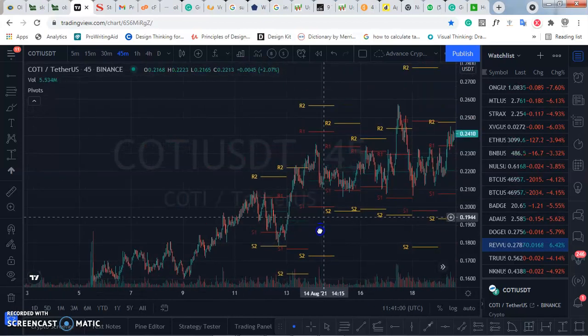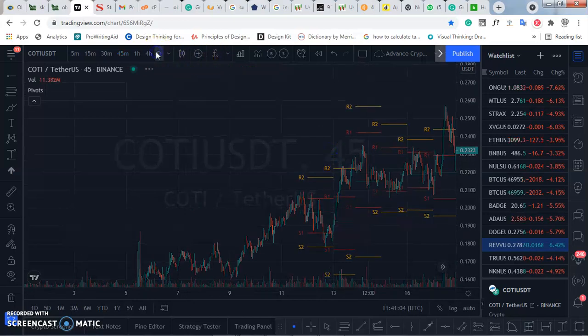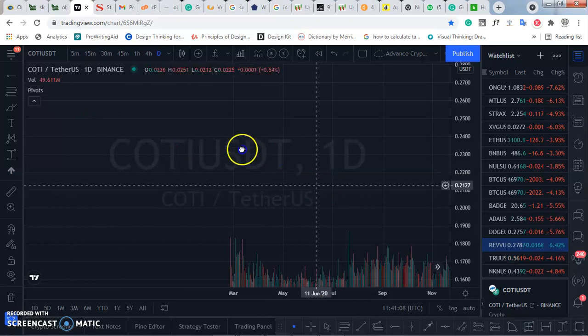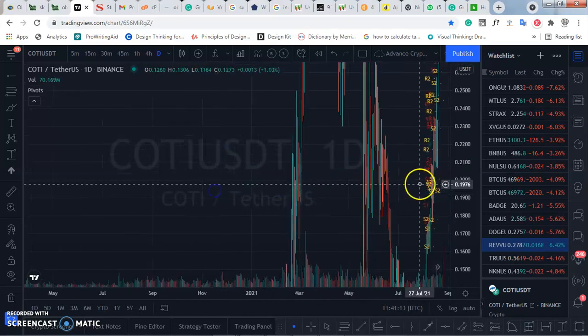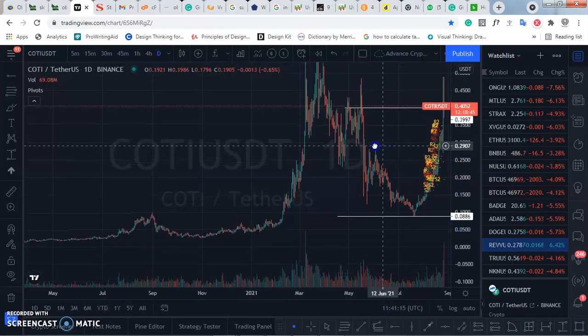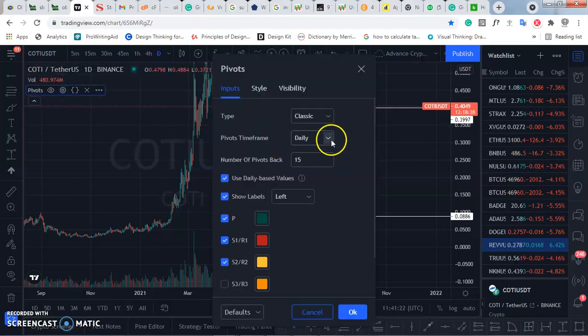If I change the time frame, the indicator will not show. The pivot point will not show, so I need to get it to the weekly time frame. I get to weekly.